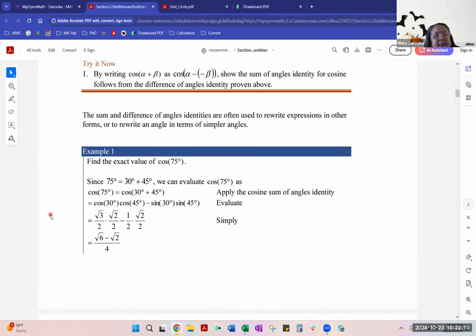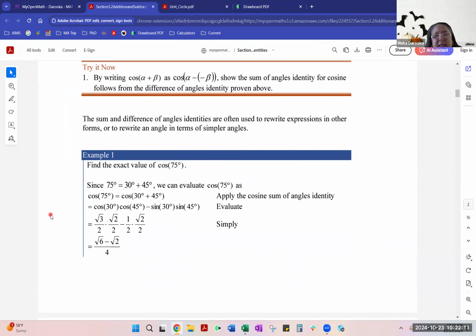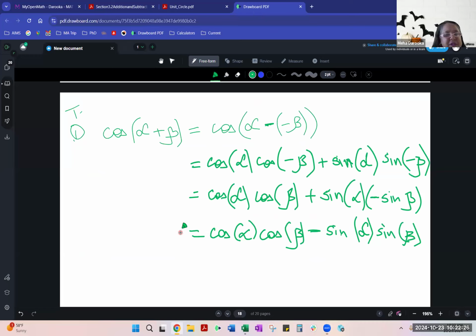So let's look at how we can use these rules over here. Remember the negative angle identity for the sine function is that if you have a negative angle, it makes the entire sine function a negative value.